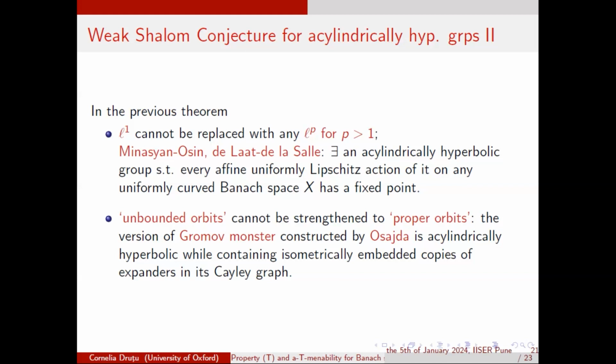Well, for acylindrically hyperbolic groups, we're dropping that assumption, because we have a lot of examples that are not finitely presented. There is, you mean, an example of a group that has the fixed point property for all the LP spaces, lattices, of course, but they're not acylindrically hyperbolic. And of course, they can't contain isometric copies of expanders either.